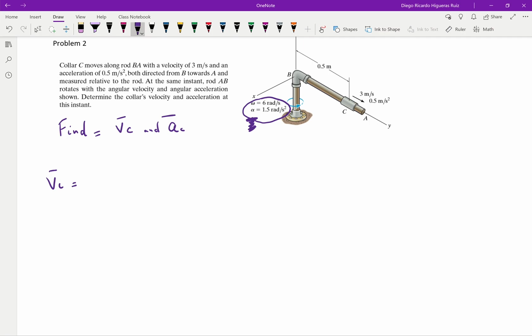We're gonna have VB plus omega AB cross product the distance from C to B, RCB, plus the velocity of the collar C, so the relative velocity.